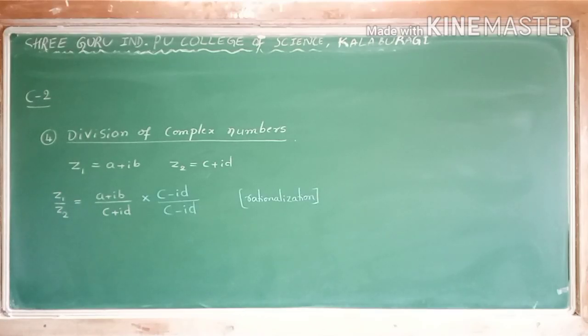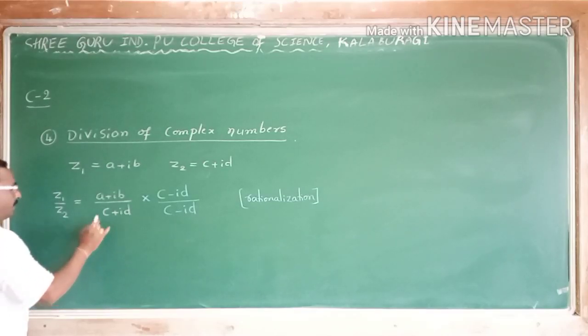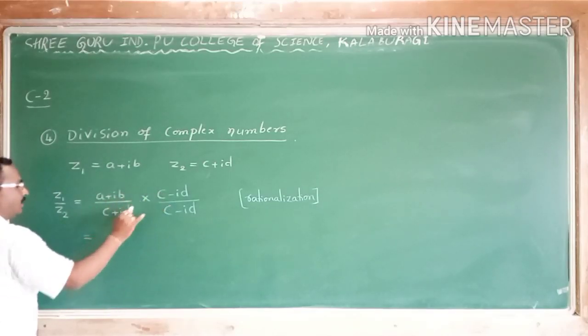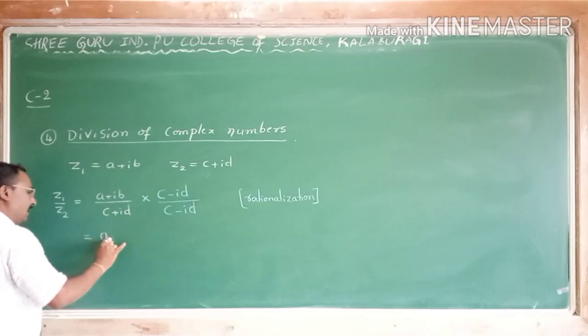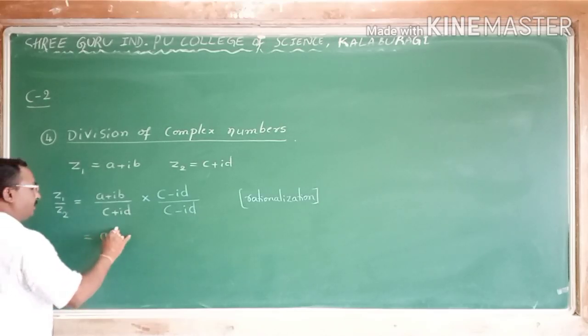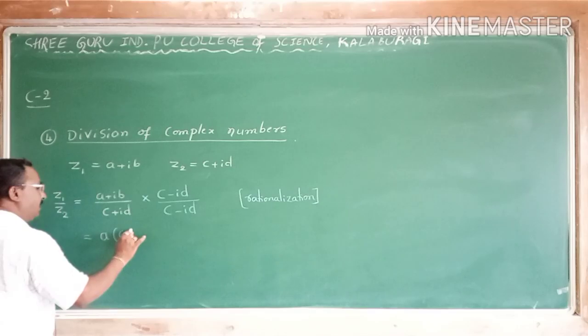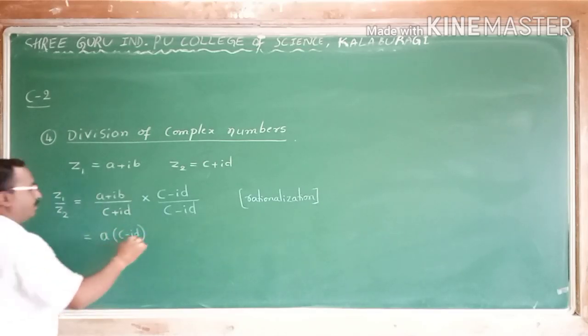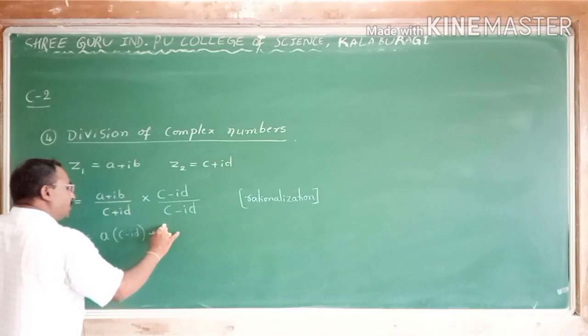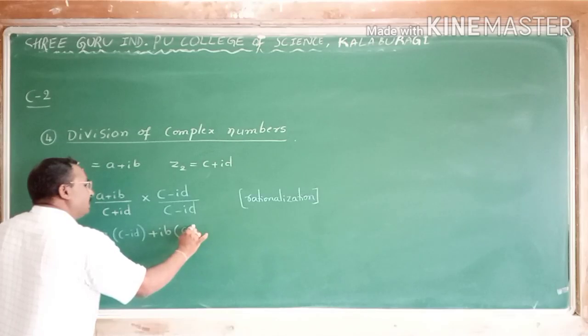After rationalization, next is simplify: the product of numerator and denominator. Numerator product is a times (c minus id) plus ib times (c minus id).